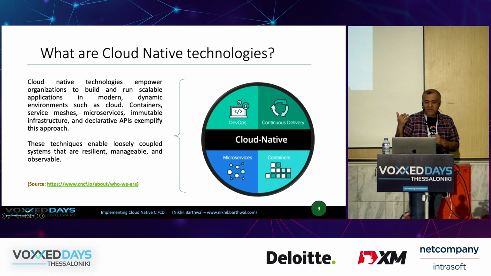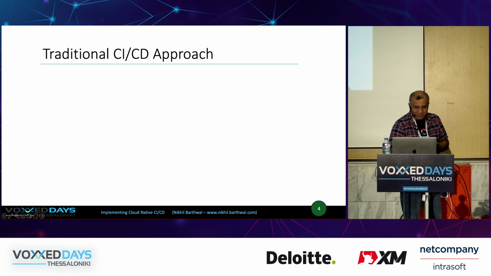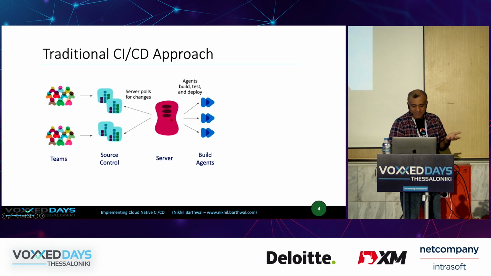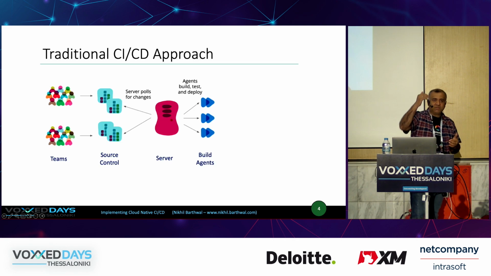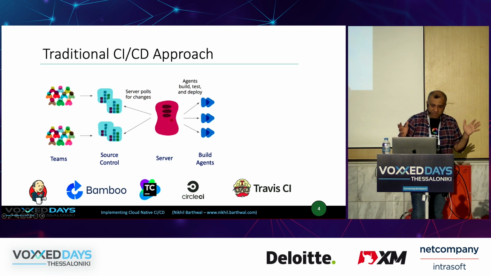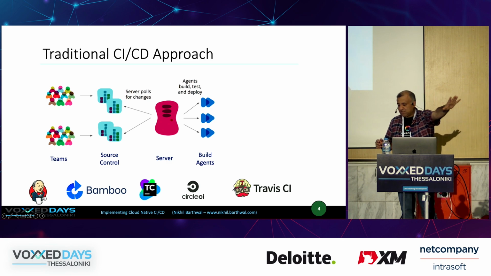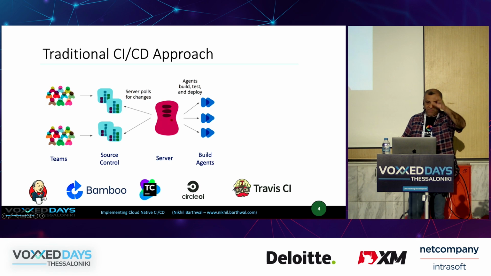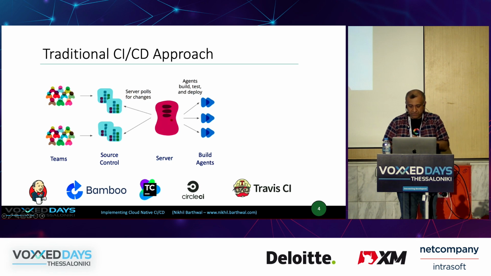Now, before cloud native technologies, in the good old world, we had traditional tools, the most common one being something like Jenkins. Typically you have source control, and every time there's a change, there's a polling mechanism. The teams would check into one or more repositories. Tools like Jenkins and other CI/CD tools look at these source control systems, and they have build agents that are always on.